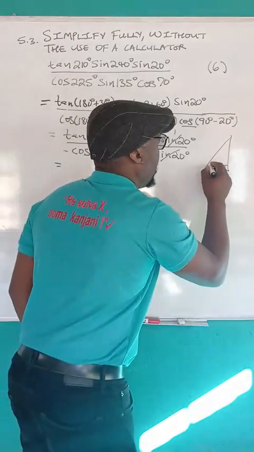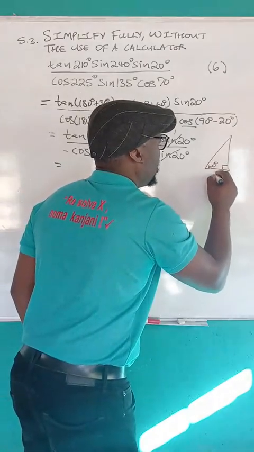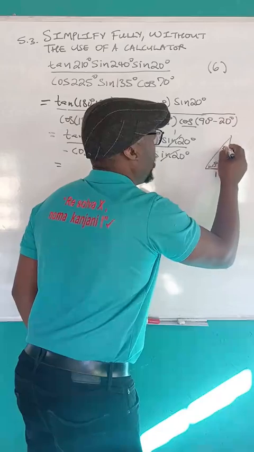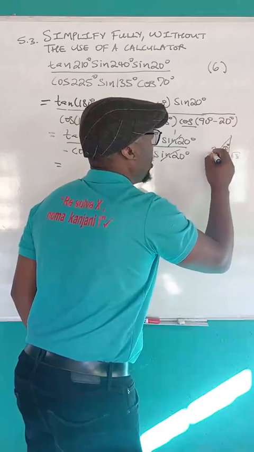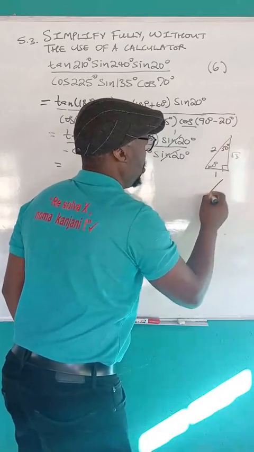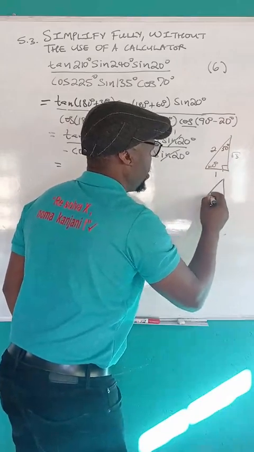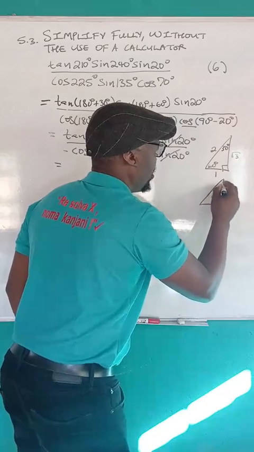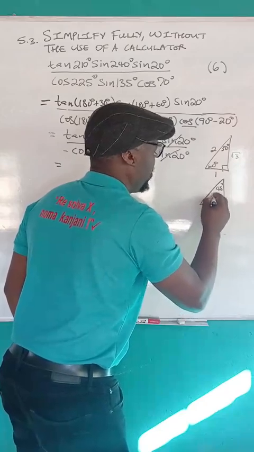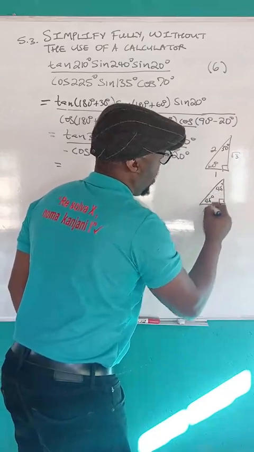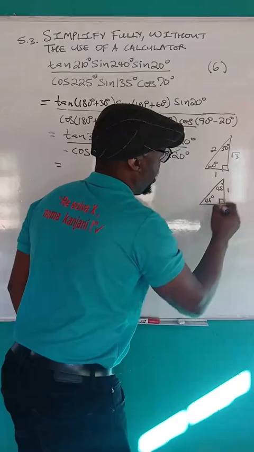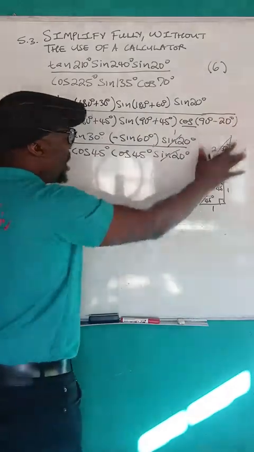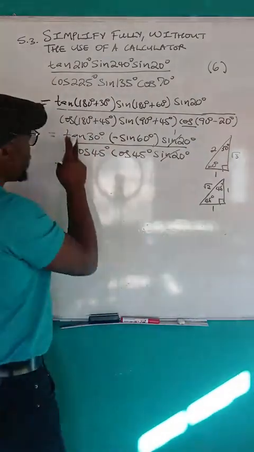We've got 60 degrees, root 3, that will be 30 degrees, and we'll get 2 there. And also have this, 45 degrees, 45 degrees, over there we'll get 1, and root 2. So that is what we need to use over here.